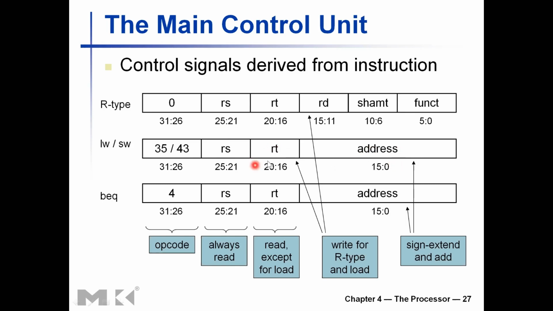So RT is read for store word, write for load word. And in branch if equal, RS and RT both are read. So you need to treat these operands differently based on the opcode. So the control unit should derive the control signals for the multiplexers, sign extension units, and all those things to treat these different parts of the instructions accordingly.